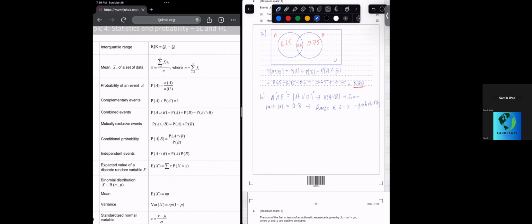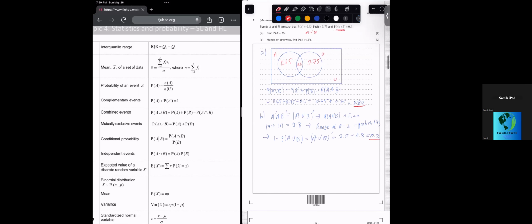Since we know this, we already calculated that, so it's 1 subtracted P of A union B, which is equal to P of A union B dash. It's very simple. This is a really easy trick. 1.0 minus 0.8, which is 0.2. So that's our answer for part B.